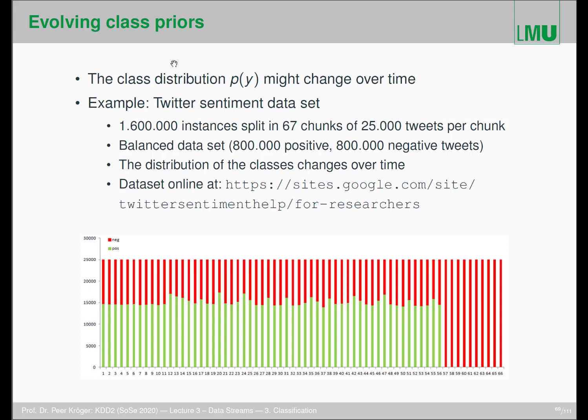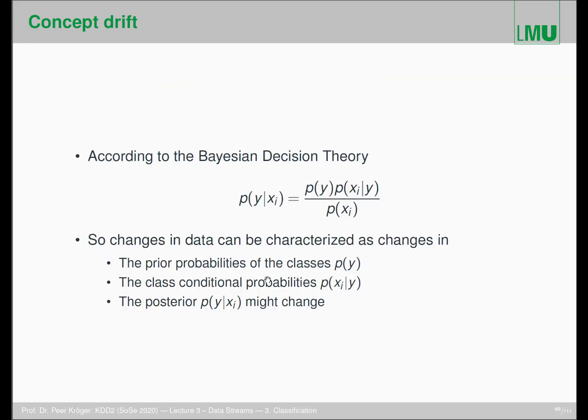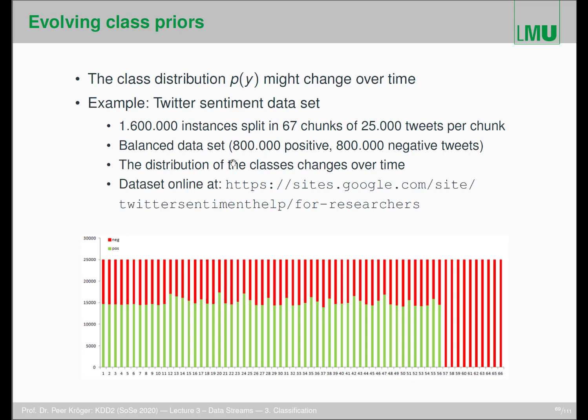So let's have a closer look at those different possible changes. First one, the prior probabilities of the classes. So the class probability might change over time. For example, if you have a look at Twitter sentiment data here, we have 1,600,000 instances split in 67 chunks, each of 25,000 tweets per chunk.